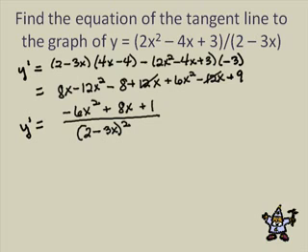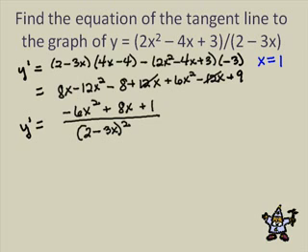Now I have our formula for the slope. Actually, in order to finish up this equation, I've got to give you a little more information. We want to find the equation of the tangent line when x is equal to 1. When x is 1, we need the actual point on the curve.